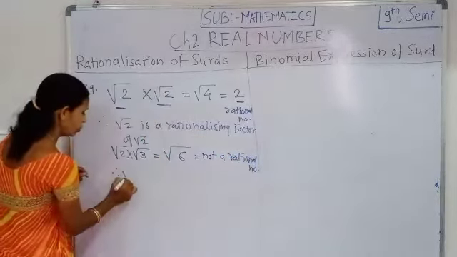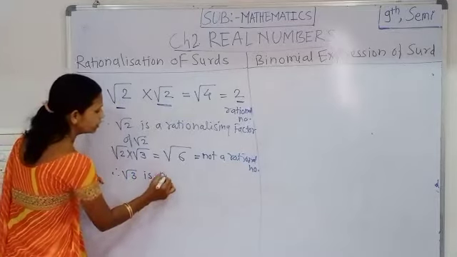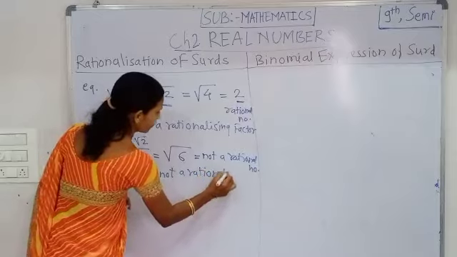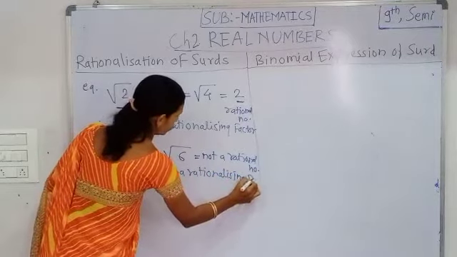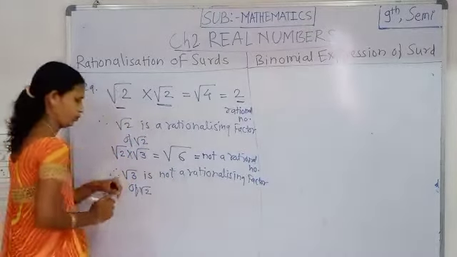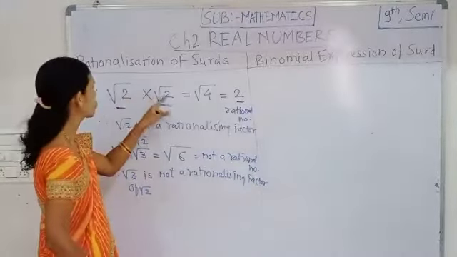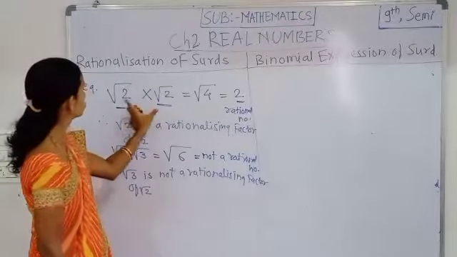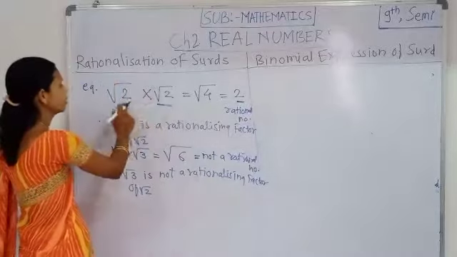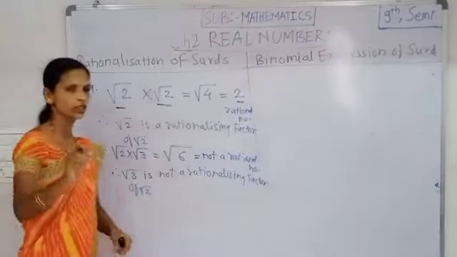Therefore root 3 is not a rationalizing factor of root 2. When the product of two surds is a rational number, then they are rationalizing factors of each other.